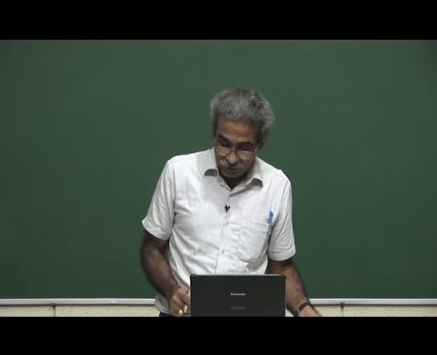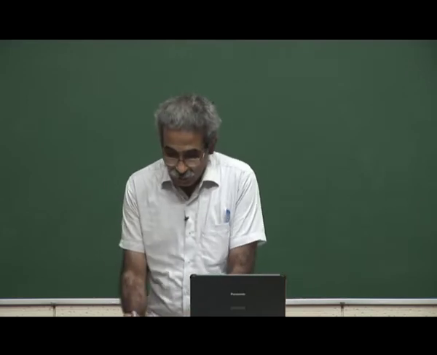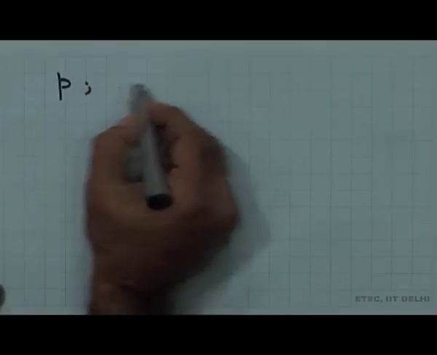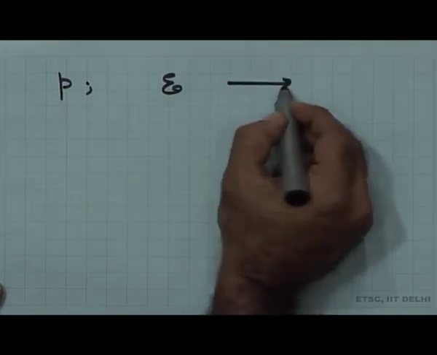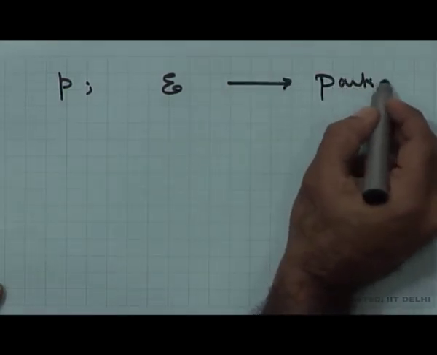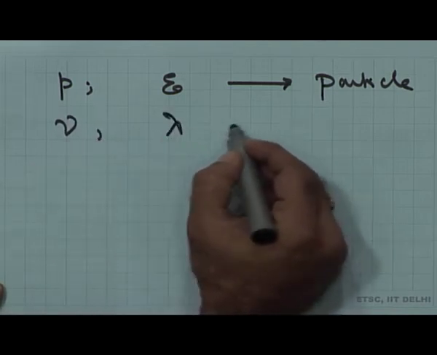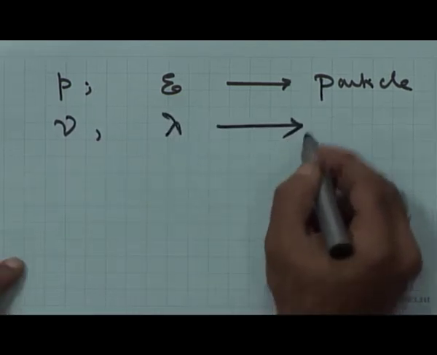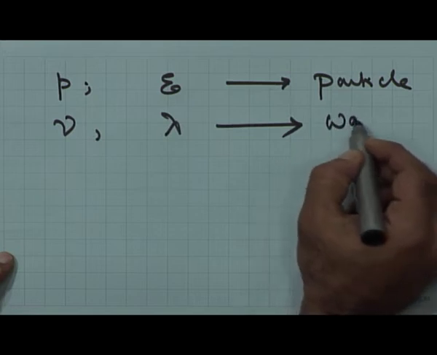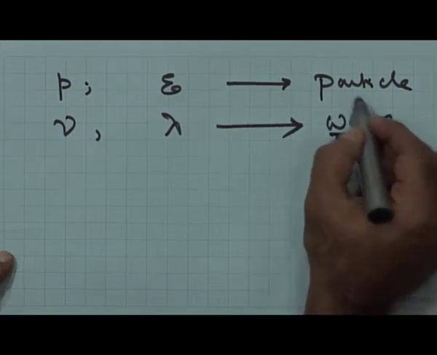Now we are going to encounter a rather peculiar situation, because you have the momentum and the energy coming from the particle, and then you have the nu and the wave number, the wavelength, which correspond to the wave picture.